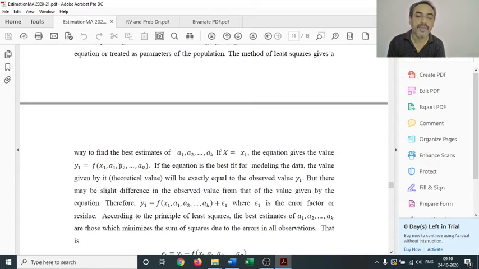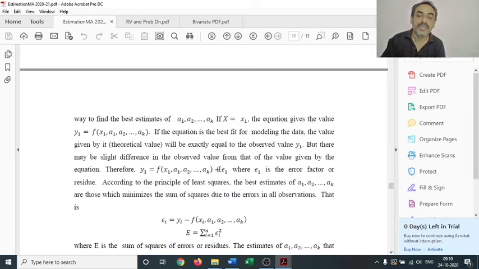For a candidate having height x1, we expect the weight according to the equation, but the value given by the equation may be slightly different from the real weight of the candidate. So there is a certain error, denoted by e1. So y1 is f(x1, a1, a2, etc., ak), the value generated by the equation, plus e1 becomes the real value of the first candidate's weight. Here e1, or epsilon 1, is denoted as the error.